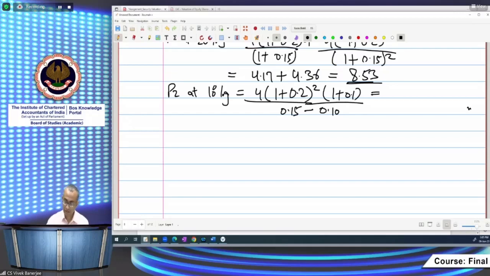So calculate it. It is 6.336 divided by 0.05, so it is 126.72.